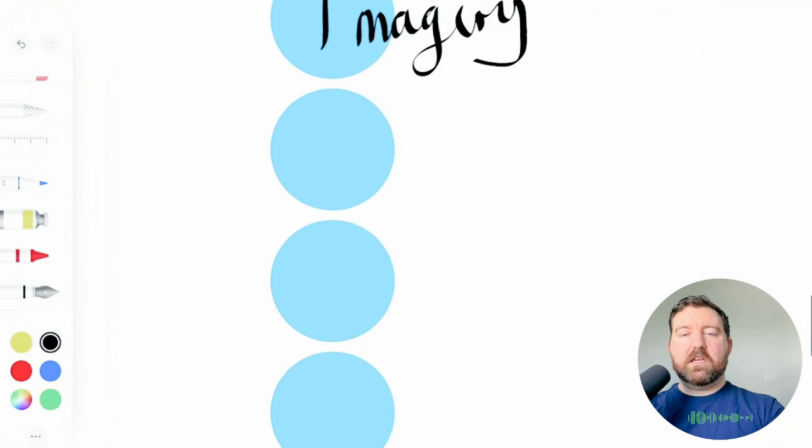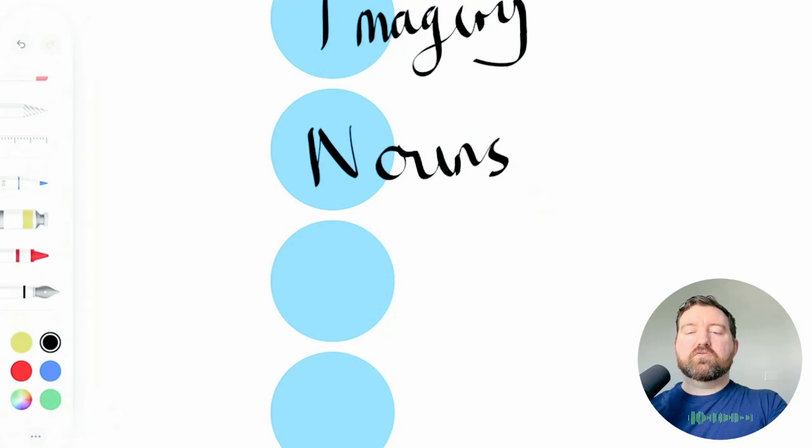Then you've got N, which stands for nouns, but this is really a reminder word for nouns, verbs, adverbs, adjectives, prepositions, pronouns, etc. So just try and make sure as you're describing your characters, your places, and the plot, you're using a vivid range of interesting noun choices, adverb choices, adjective choices.